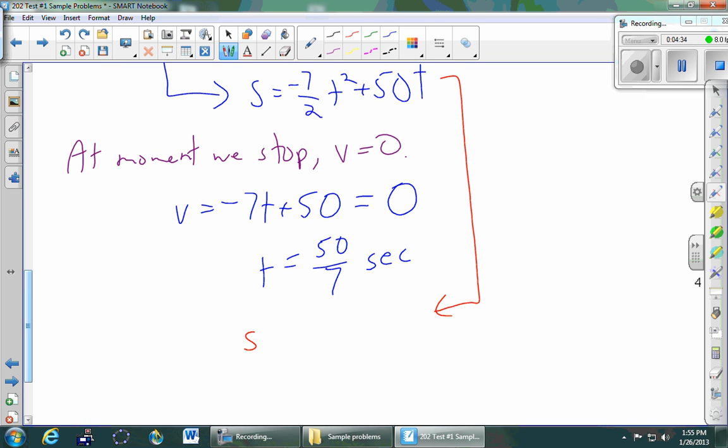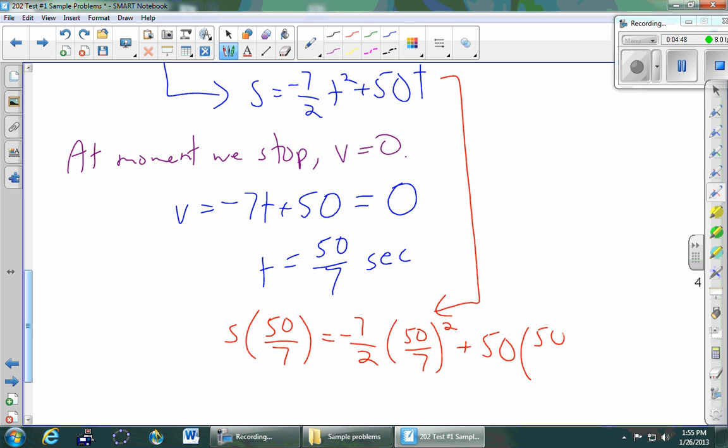So when you plug 50/7 in, I'll write it in function notation, s of 50/7 is equal to negative 7/2 times 50/7 squared plus 50 times 50/7. So type that into your calculator and crunch the numbers. You'll find out this is about 179 feet.